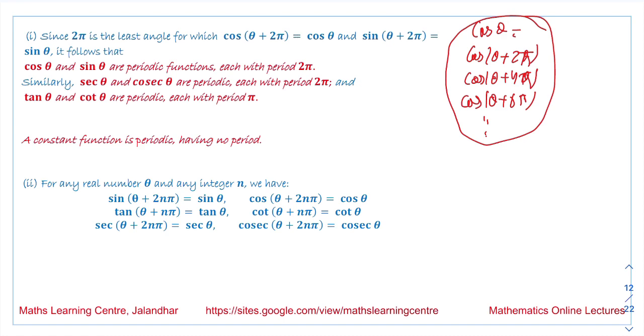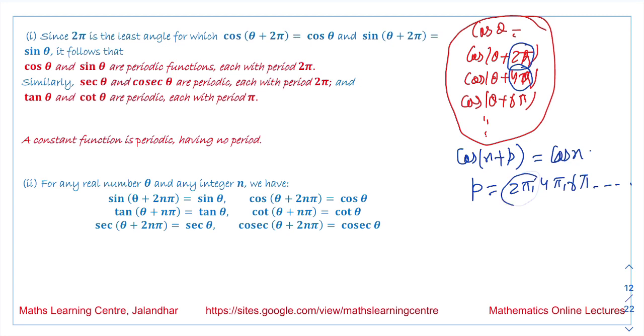The values of p for which cos of x plus p is equal to cos x are 2 pi, 4 pi, 6 pi and so on, and the minimum of all these values is 2 pi. So the period of the function sin theta or cos theta is 2 pi.